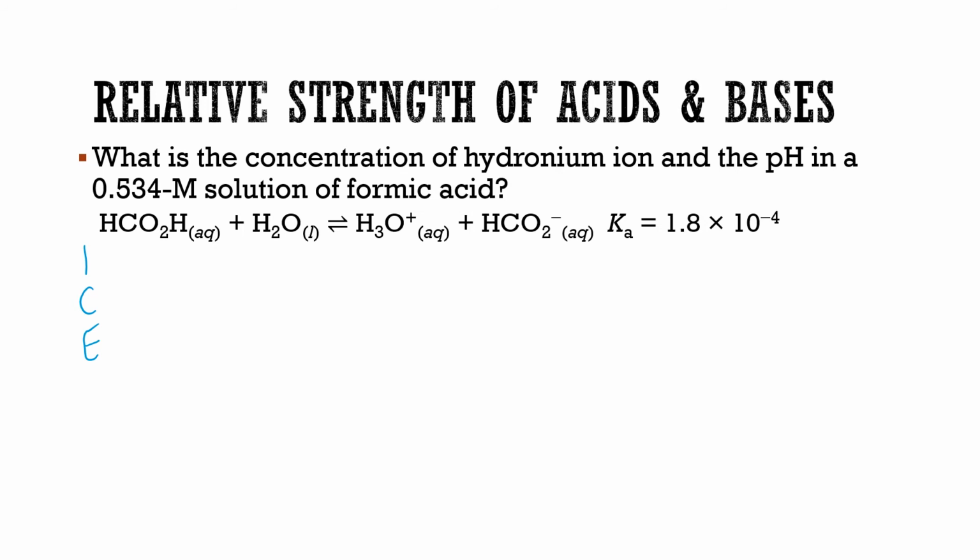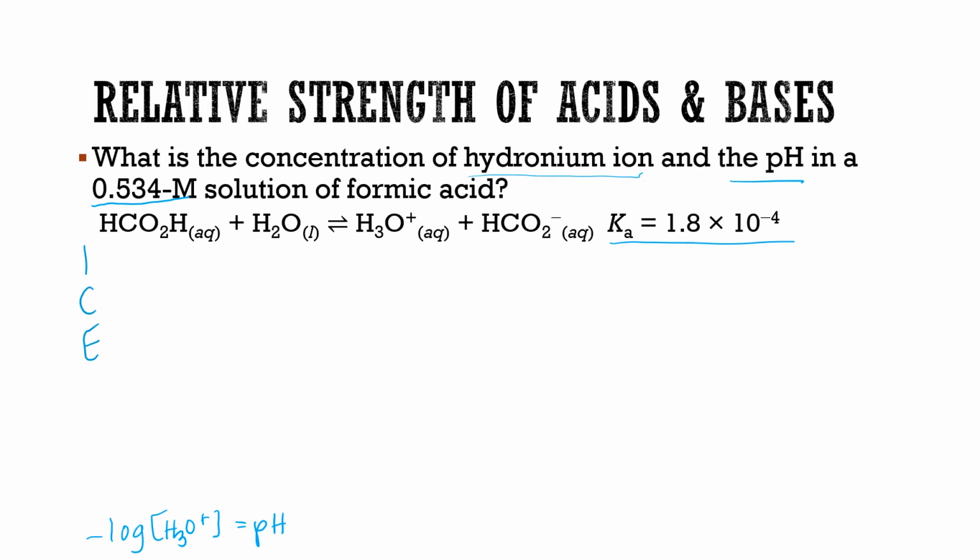So this is a problem like last unit when I was given the initial concentration and the K value and I had to find the equilibrium concentrations, because this right here is the concentration of hydronium ions, and then because the negative log of the concentration of hydronium equals pH, once I know this value, I will know the pH. Okay?